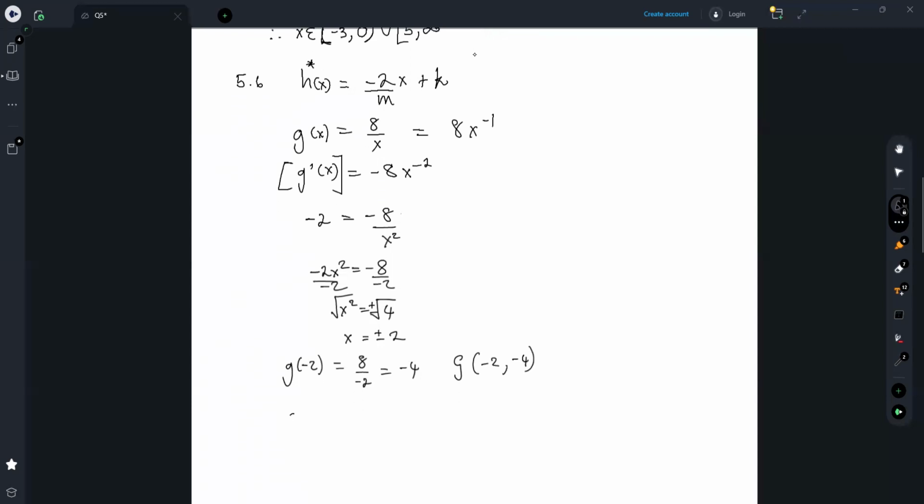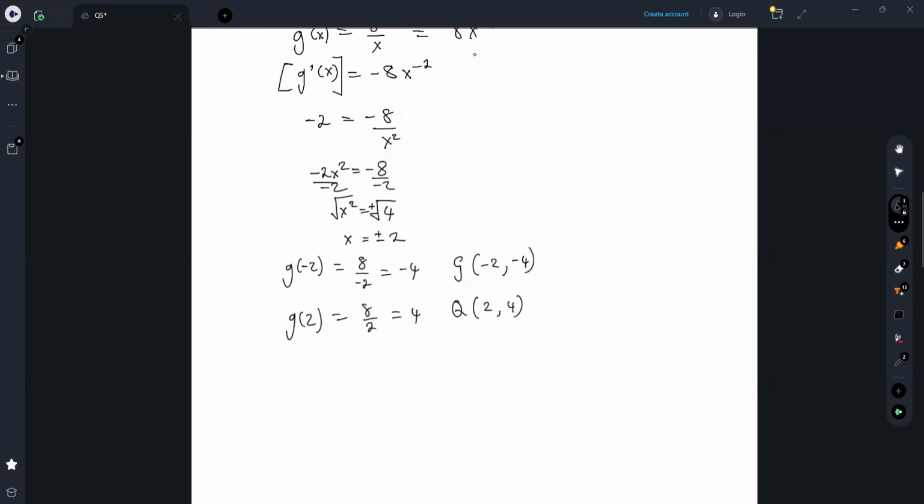And if I substitute x equals positive 2, this is 8 over 2, giving us a positive 4. So the point that I've labeled as q will have the coordinates 2 and 4. And now these 2 coordinates can help us find the value of k.